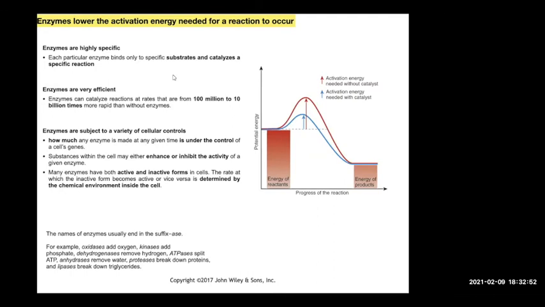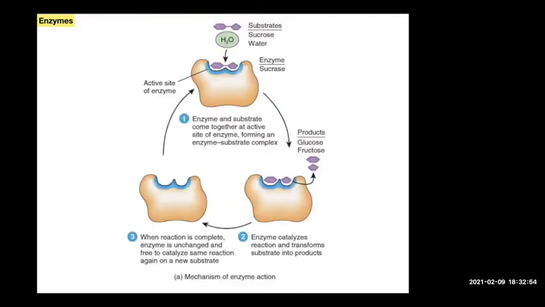That is enzymes. And as far as the cartoon picture of what they're doing, again, a very particular shape of the enzyme. In this case, they're showing us simplistic little bumps right here that are going to be able to specifically hold a sucrose molecule.